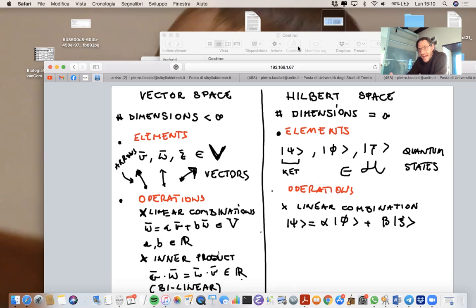However, unlike our analogy in classical mechanical vector spaces, the coefficients through which I define this linear combination are complex numbers.